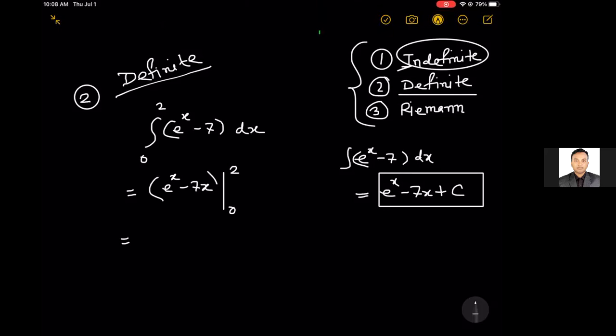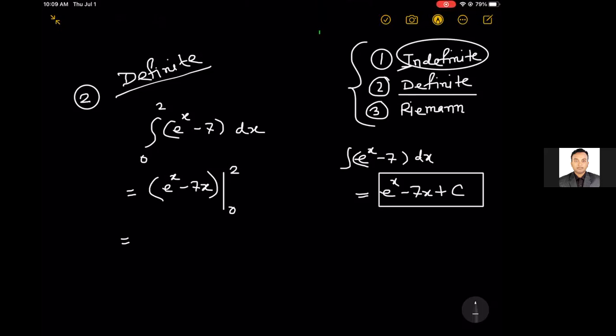I think I should give this parenthesis anyway. Otherwise, it might look that I'm evaluating -7x only, but that's not the case. I need to evaluate both. Lexi, can you tell me what should you do? Lexi, are you here? I don't think she's here. Okay, yeah, someone else. I guess Matthew was trying to say something.